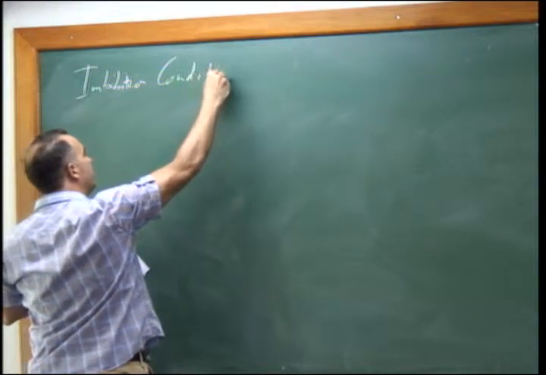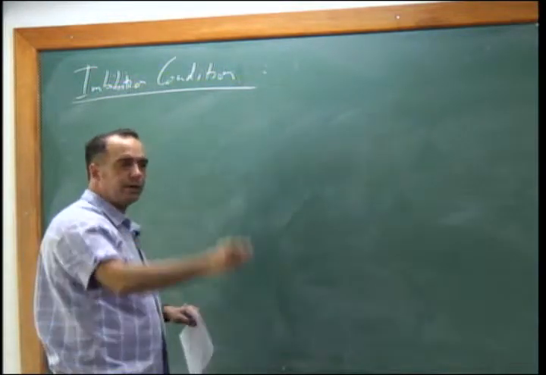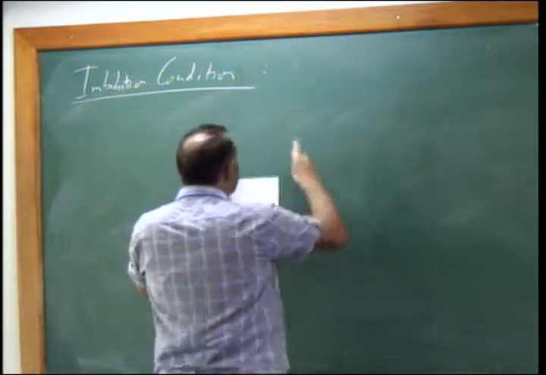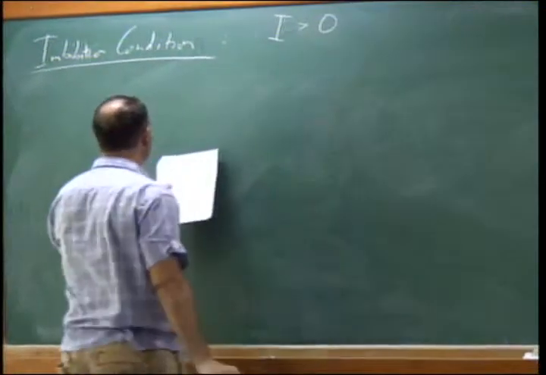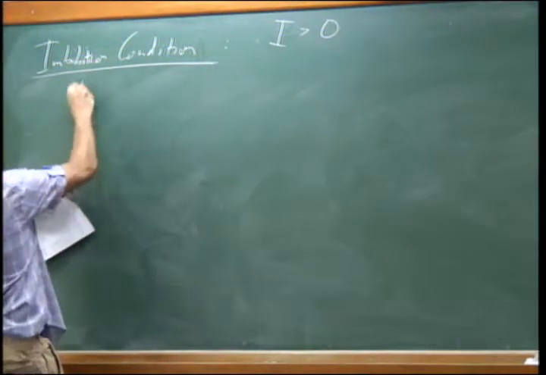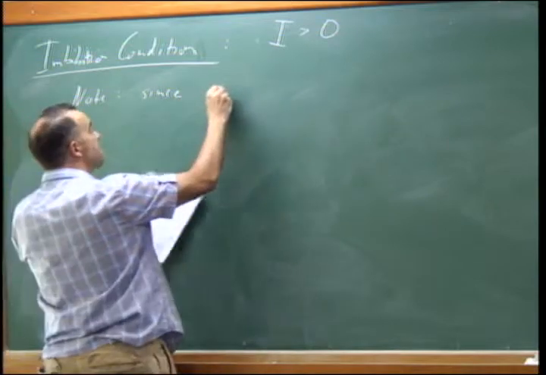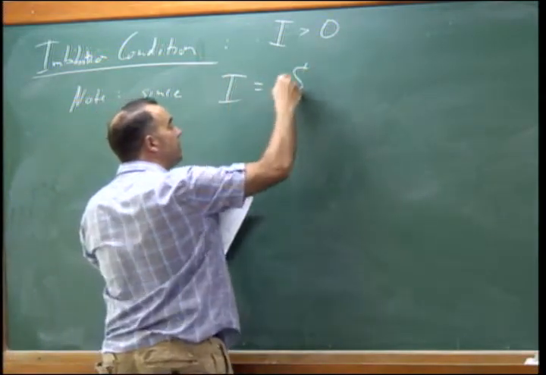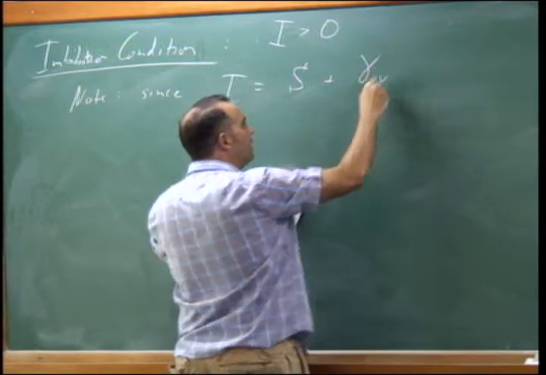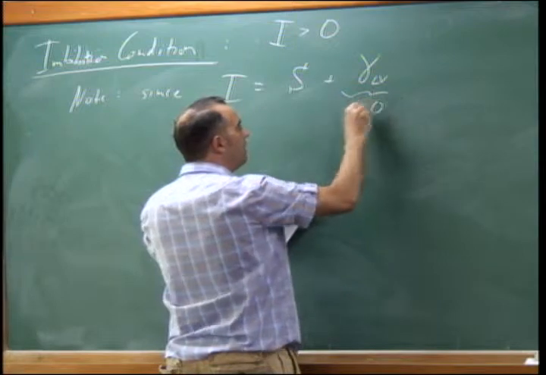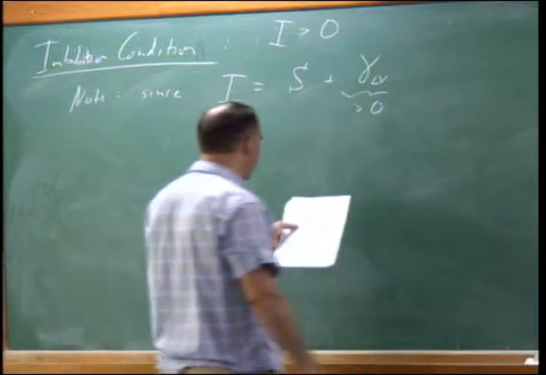So the imbibition condition, when will fluid go into a pore, is simply that I be greater than 0. And since we can relate I to the spreading parameter, so it's this plus this guy, and this is always greater than 0, we can see that things will imbibe much more readily than they will spread.